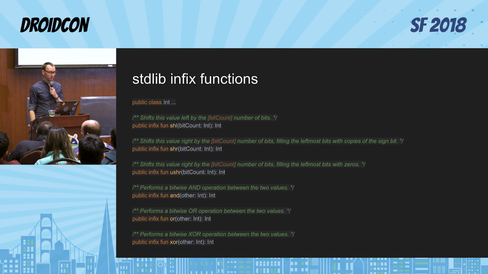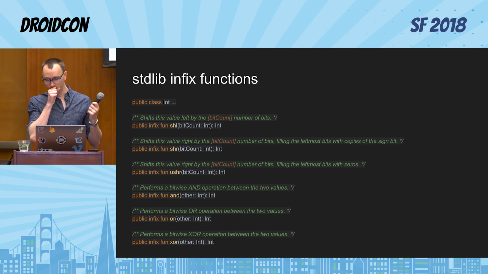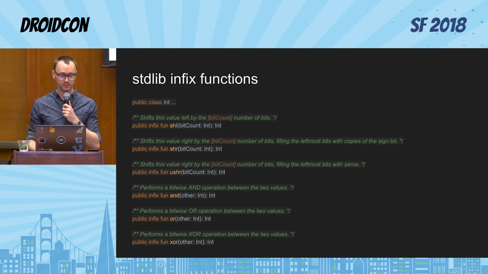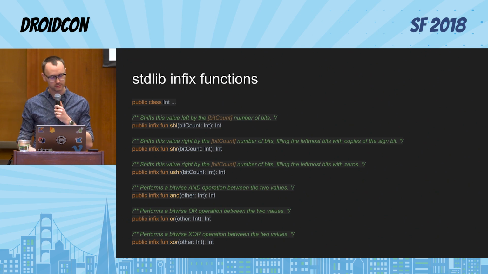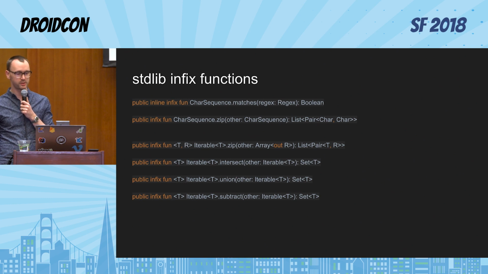All right, so all of the infix functions in the standard library are the following. All the bit shifting methods are infix functions. All the bitwise methods are infix functions. Those make sense because you want them to sort of look like keywords. There are 2 on CharSequence that you can use on strings. One is matches.